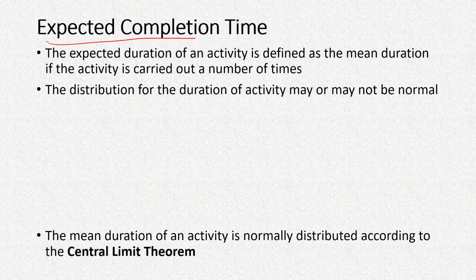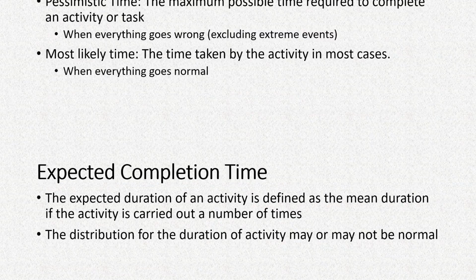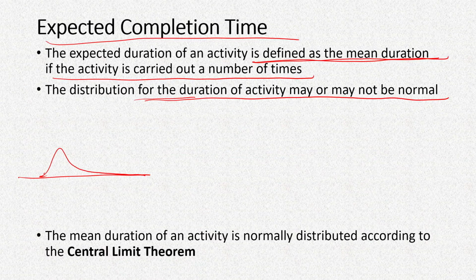So expected completion time is defined as the mean duration if the activity is carried out a certain number of times. The distribution for the duration of an activity may or may not be normal, but the distribution for the mean will always be normal, as we have learned from the central limit theorem. So if the distribution is like this, then the mean will be distributed somewhere around here, and this distribution will be a normal distribution.